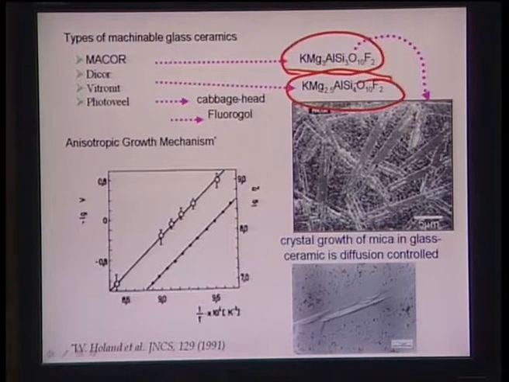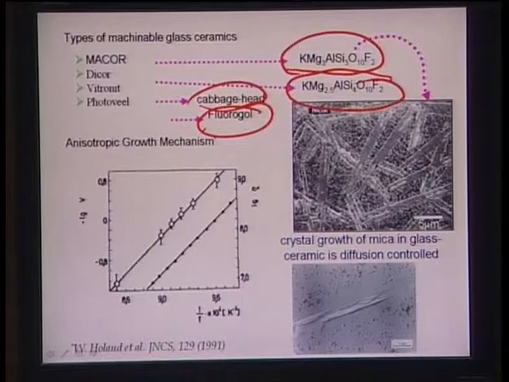Now, Photoveel and Vitronit have a cabbage head or fluorogold type of morphology, and here you can see a very different type of morphology of the crystals, again an interlocking type of morphology of these mica crystals.